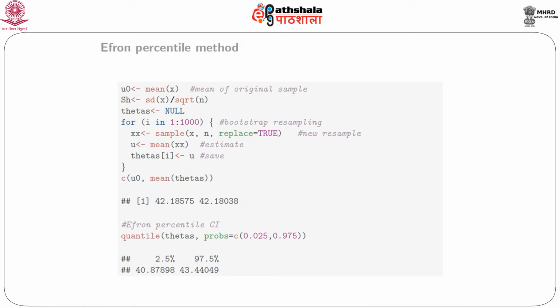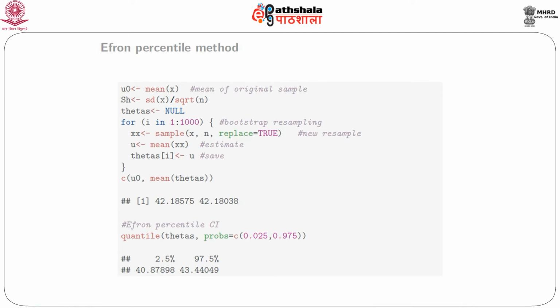Then to see the original mean and the bootstrap mean, just say u0 and mean of thetas, and to print it together we concatenate it into a single vector, and that comes out to be 42.1857 and 42.18038. So, both of them are very similar, the fact being that the data is more or less normal, and we have 40 observations. So, we get more or less similar means from the original as well as from the bootstrap.